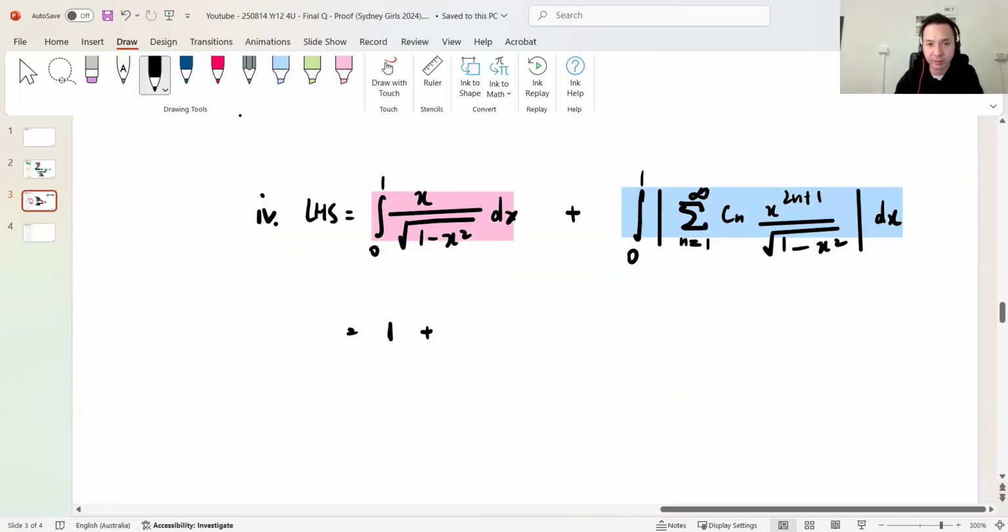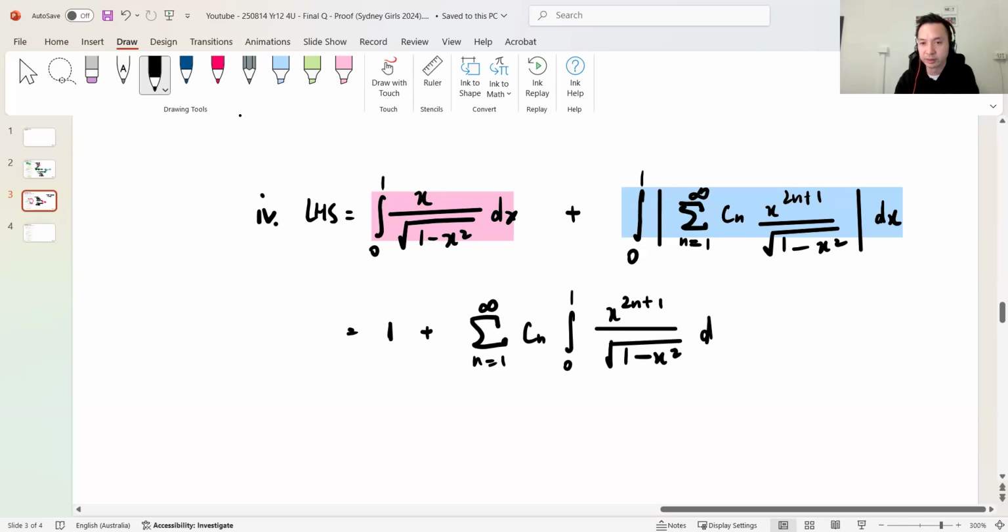So that's 1 plus, I'm going to replace this with the sum from n equals 1 to infinity of the limit of Cn times the limit of x to the n plus 1 over root 1 minus x squared dx.